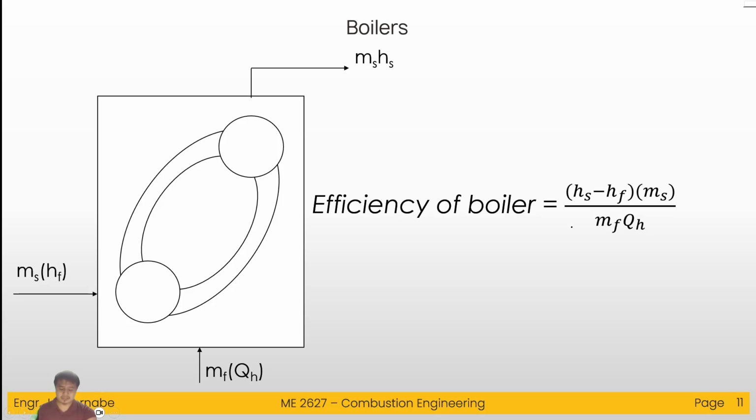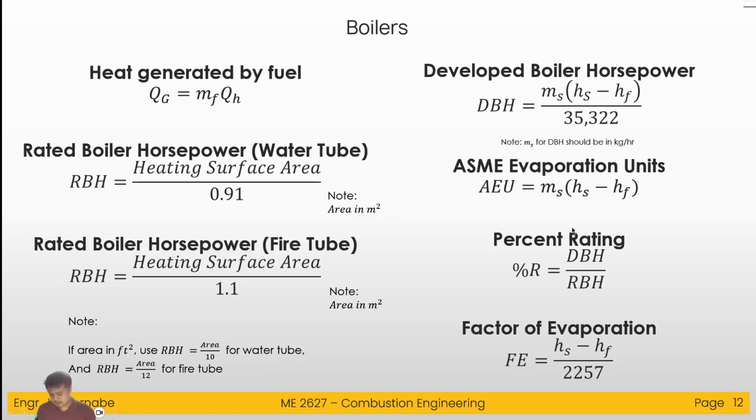Capacity of boilers. But there are lots of characterizing values for boilers. We have the rated boiler horsepower. Heat generated by fuel is just the mass of fuel times the heating value, but we start with the rated boiler horsepower.